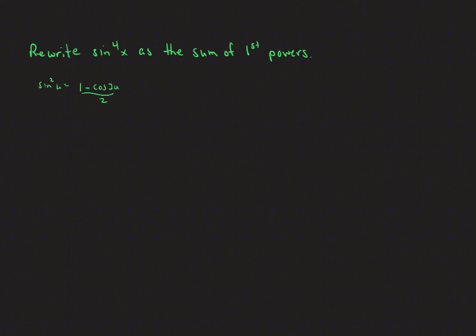So our sine squared times another sine squared is going to be 1 minus cosine 2x over 2 times another 1 minus cosine 2x over 2. So that's going to be over 4, and we're going to square that out. So that's the first one squared, twice the product, plus the second one squared.